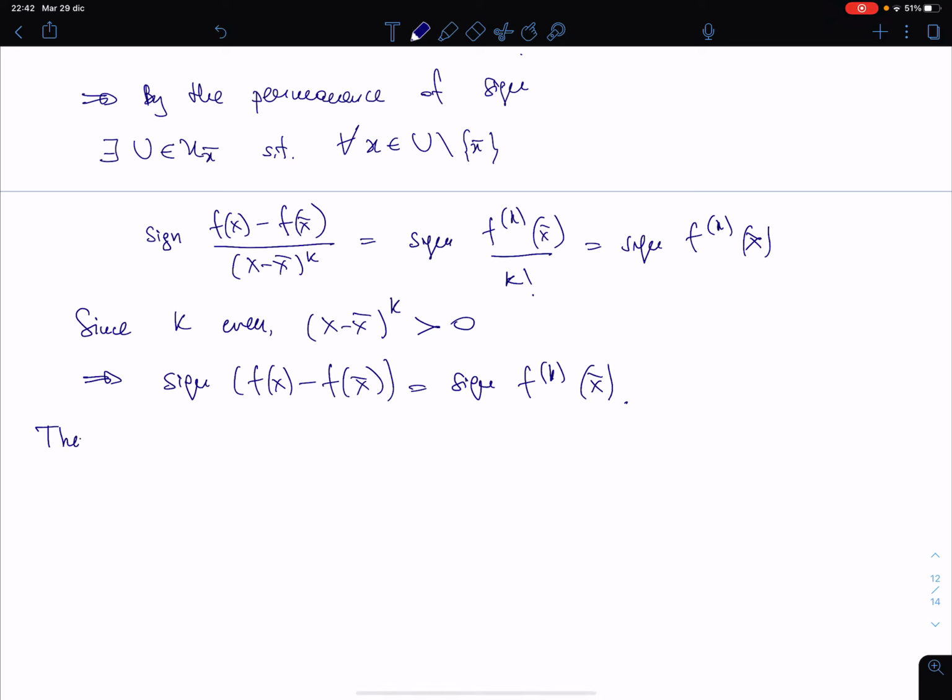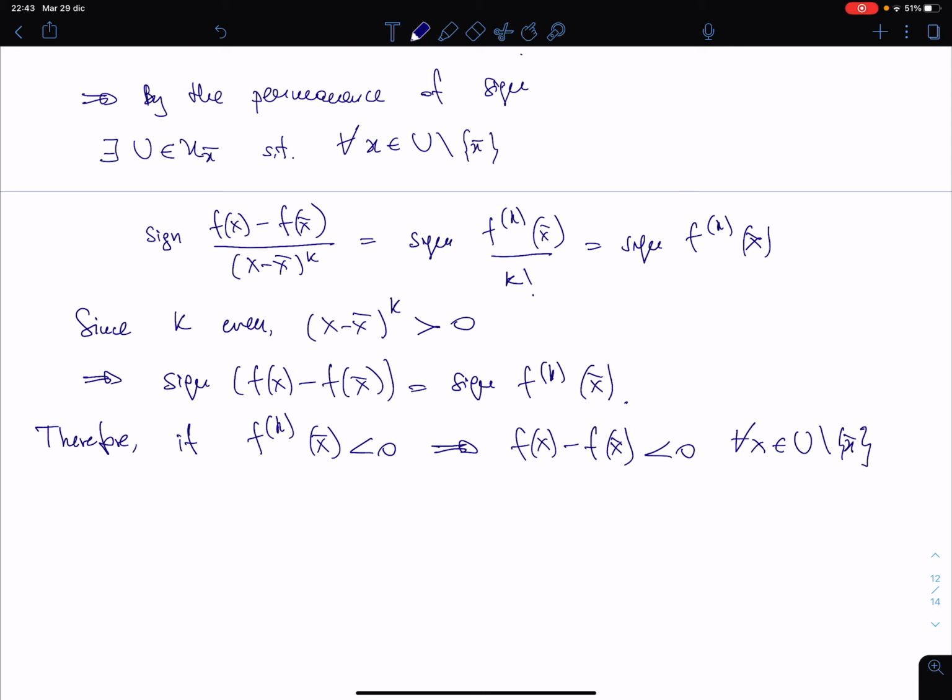Therefore, if f^(k) of x bar is negative, then f(x) minus f(x bar) is negative for every x in U minus x bar.